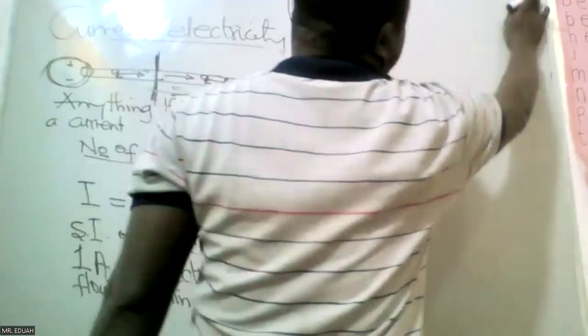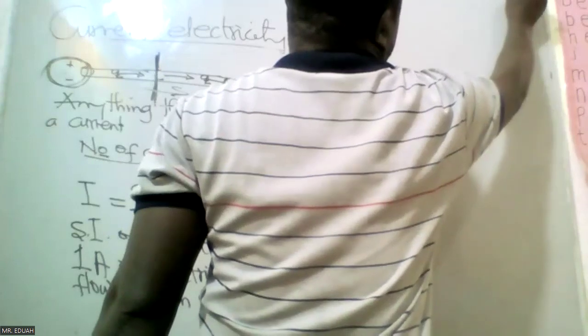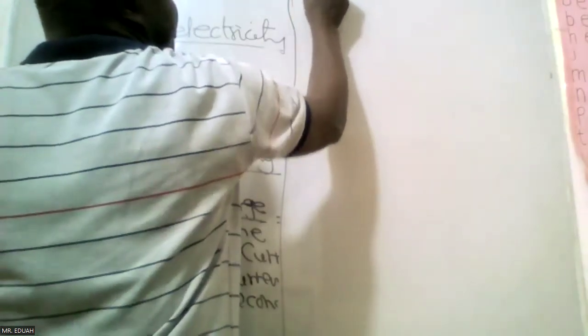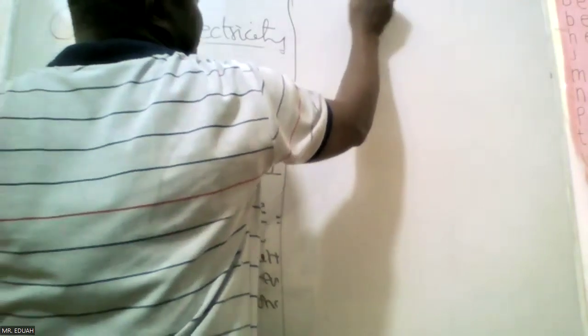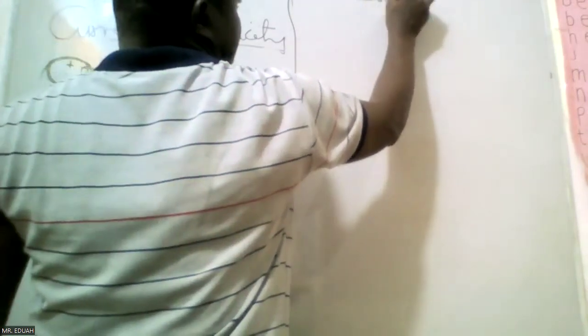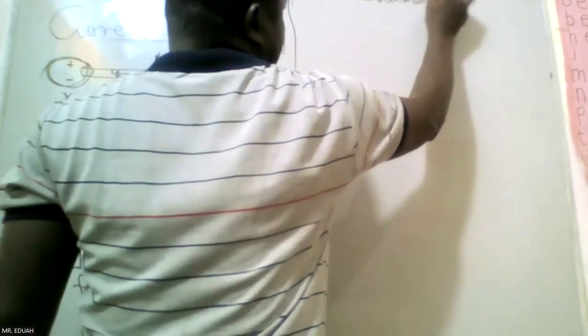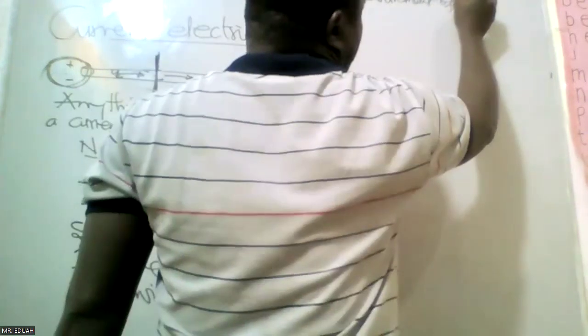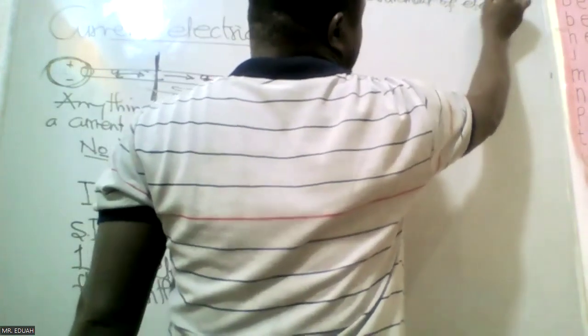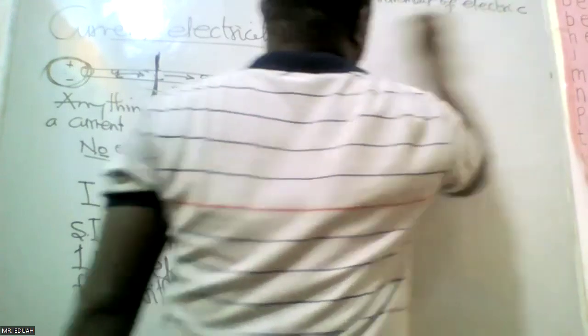The ammeter is a device used for the measurement of electric current.